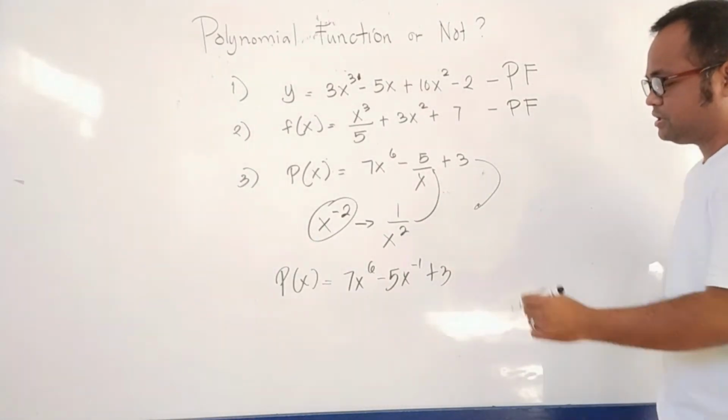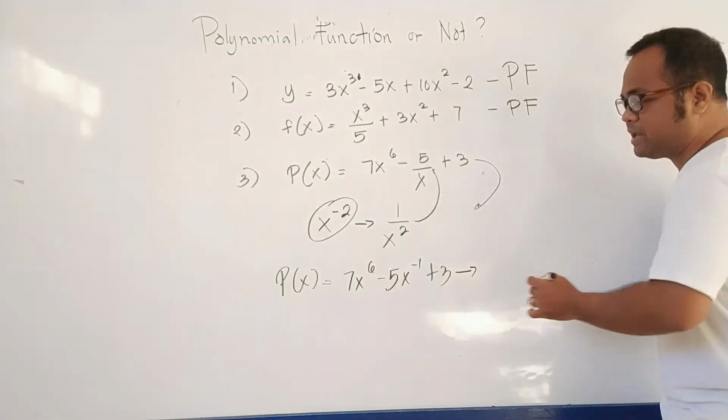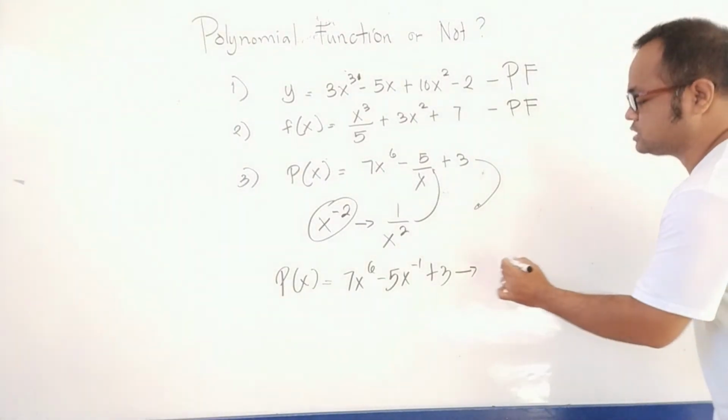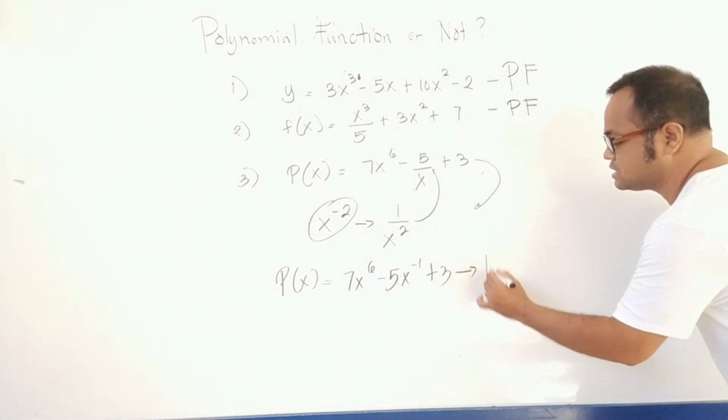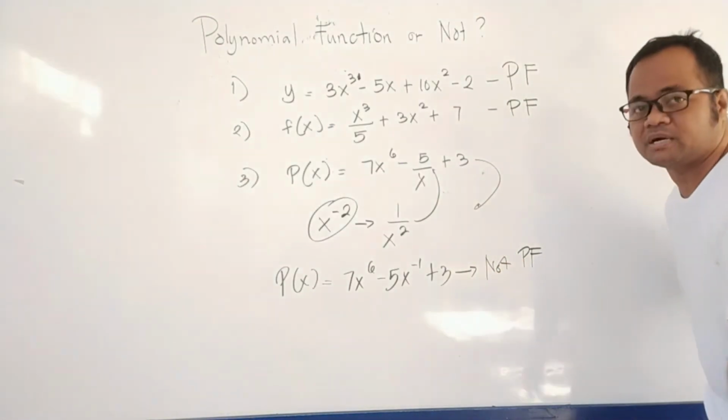Okay? So, since the exponent of x is negative 1 here, to make it positive, you make this variable the denominator of 5. So, that's the reason why it will become 5 over x. So, therefore, since the given expression contains a negative exponent, this is not a polynomial function.